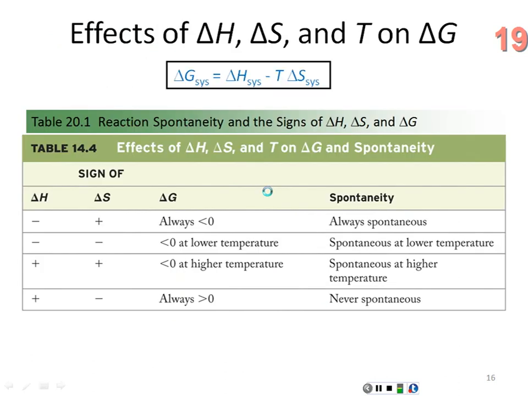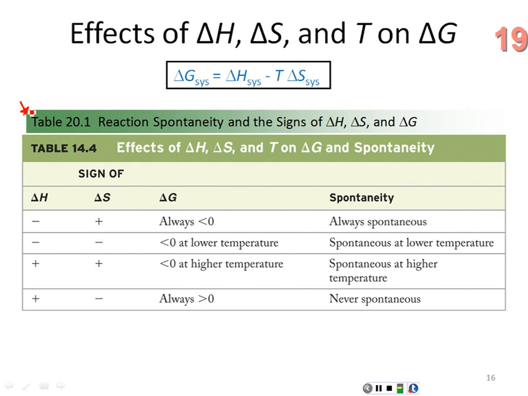And we can see here the effects that delta H, delta S, and temperature have on delta G. This is a table from a different book from last year's text, but it's very similar to table 20.1 in your text. I just like this one a little bit better.